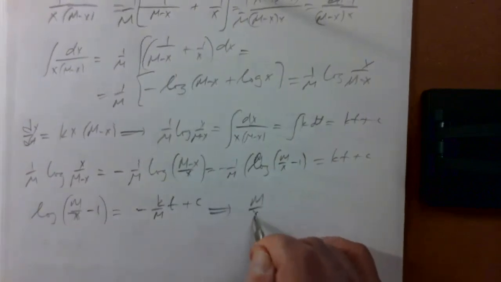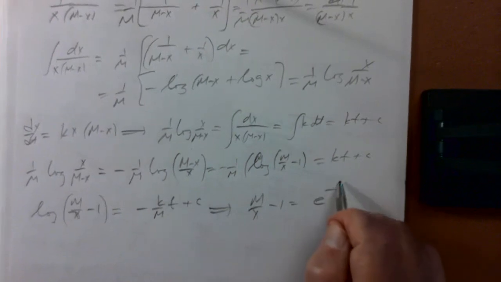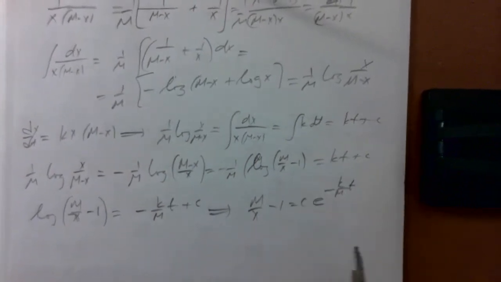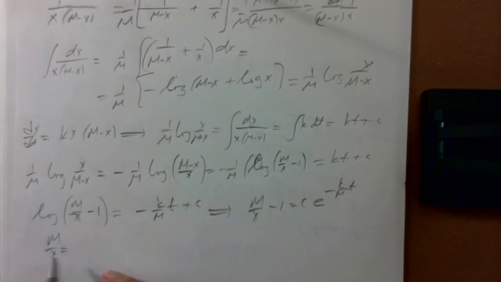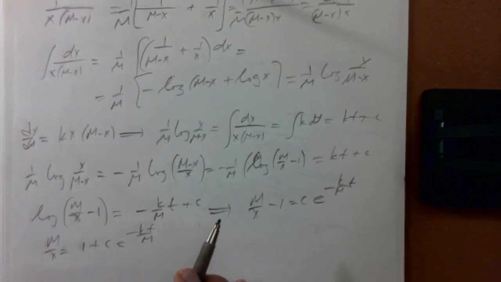So m over x minus 1 is e to the minus k over m t times e to some constant. I'll just write this like this. So m over x is equal to 1 plus c e to the minus kt over m.